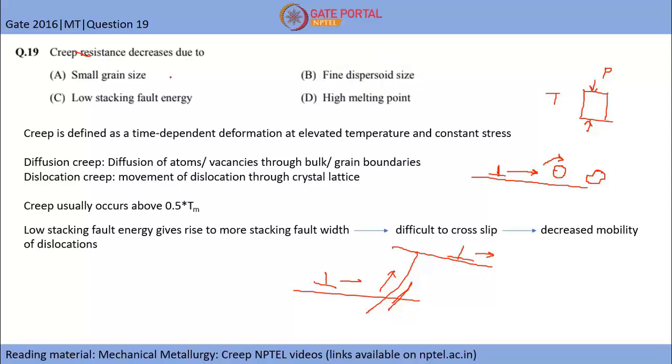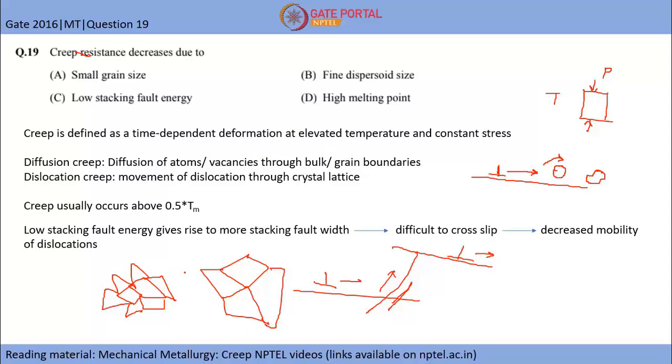And smaller grain size. Let's consider that I have a structure like this, where these are different grains. And one is with bigger grains. Now coming to the same point, as diffusion creep occurs by diffusion of atoms and vacancies through bulk or grain boundaries.